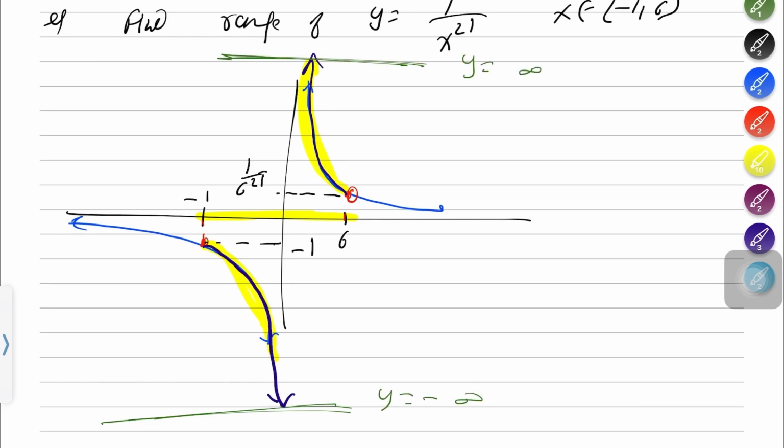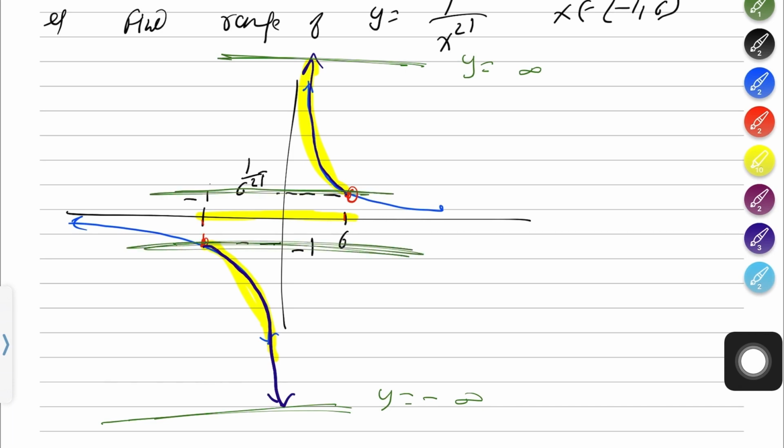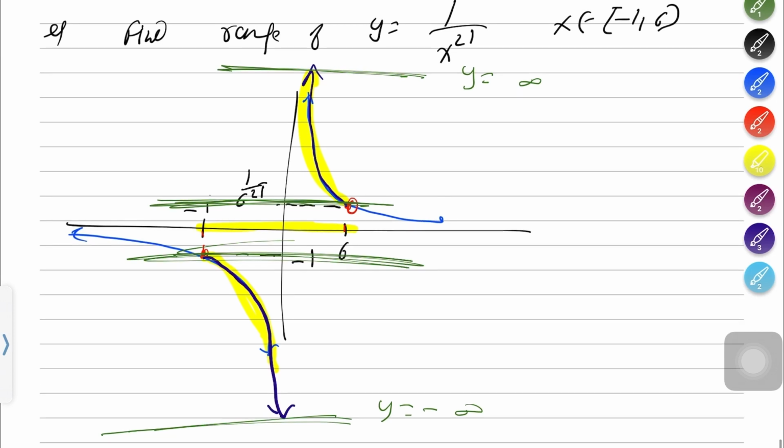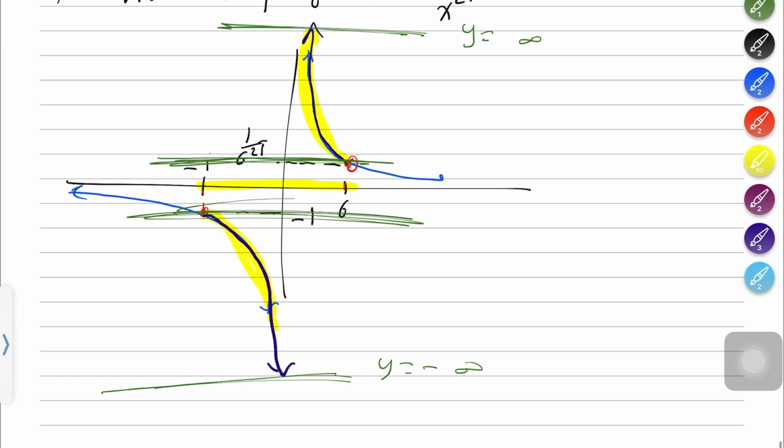The maximum value is y is equal to infinity, but you observe here that between this portion and this portion the graph does not exist. These are the y values where there is no graph if we consider x from minus 1 to 6. So how do we write it?